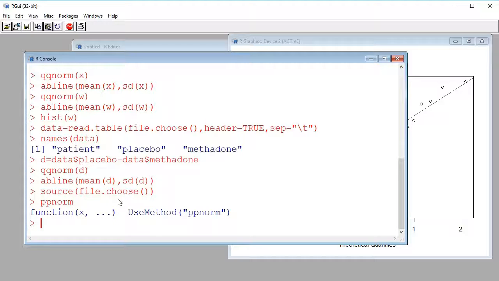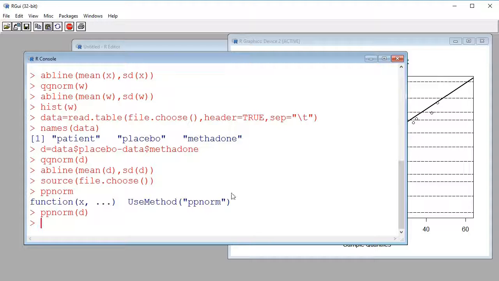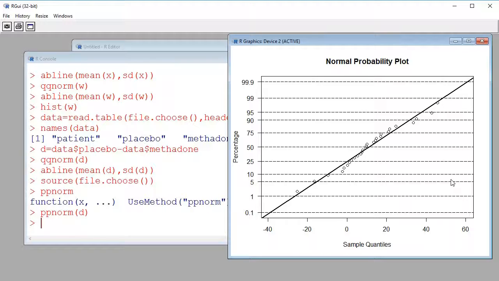And so what I'm going to do is put my differences, my vector d, which is the difference between the pain score under placebo minus the pain score under methadone. So I'm going to use ppnorm of d. And then this creates a normal probability plot. The information is similar to what is found in a QQ plot, except the sample quantiles are now on the horizontal axis.